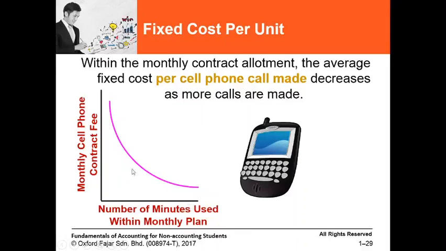So the more minutes that you use, the cheaper the fixed cost per unit will be. If you only call for 100 minutes, 1 minute equals 1 ringgit. But if you call for 200 minutes, 1 minute equals 50 cents. So fixed cost per unit decreases as the number of minutes increases. They have an inverse relationship.